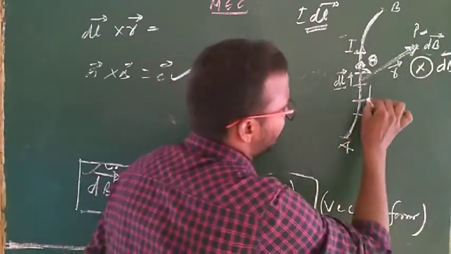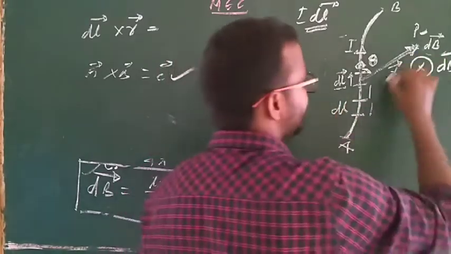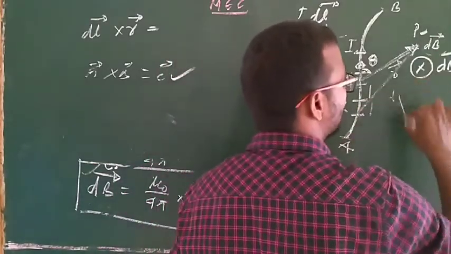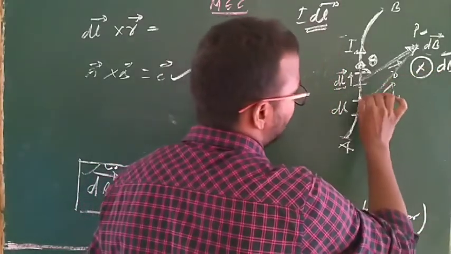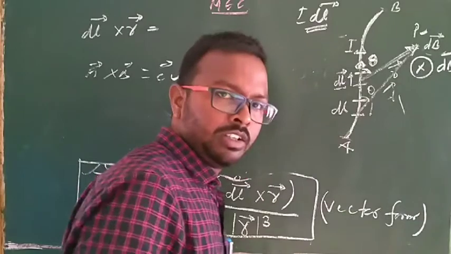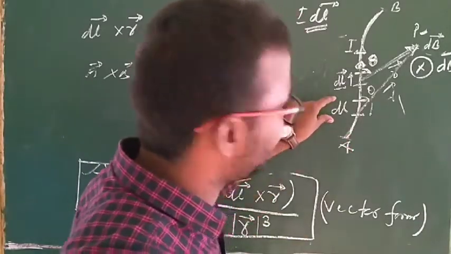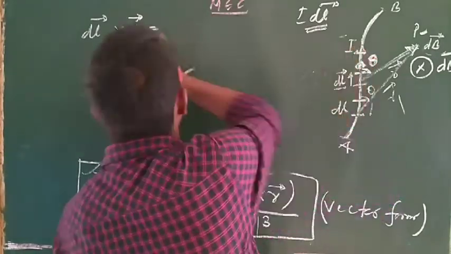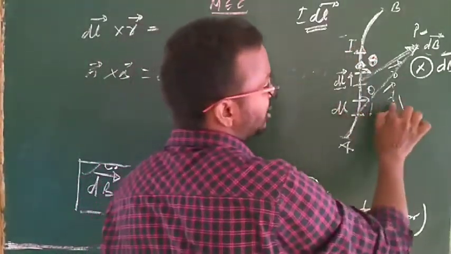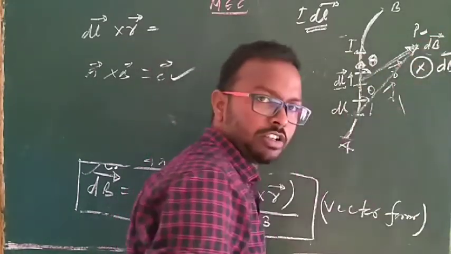Suppose another dl element is situated at a distance r1 vector, and the angle between the two vectors is theta. So what is the direction of magnetic field due to this element? Similarly, dl cross r1 vector, which is inward direction.